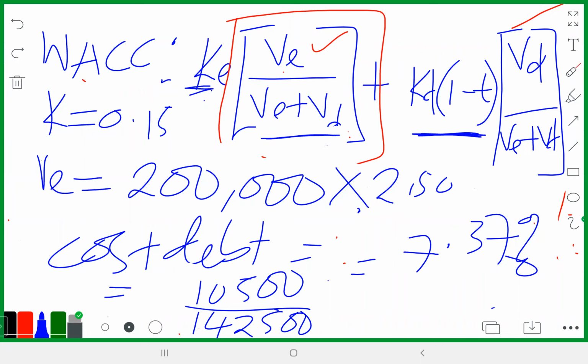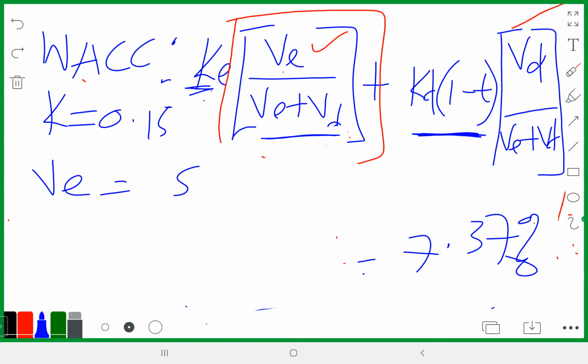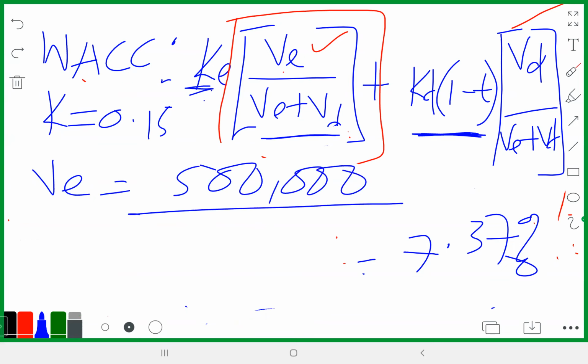Let's find the value. The value of equity we said is 500,000, right? That's what he said, VE. Our VE is 500,000 divided by 500,000 plus the value of debt you said is 142,500.